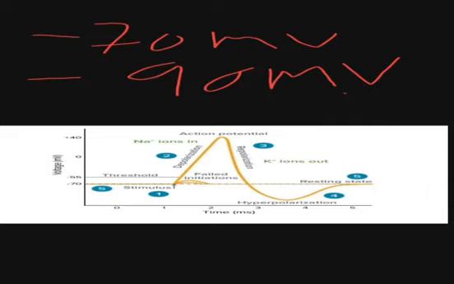Potassium is 135 in the intracellular fluid, but only 3.5 in the extracellular fluid, causing an unequal distribution of these ions, which leads to the membrane potential.